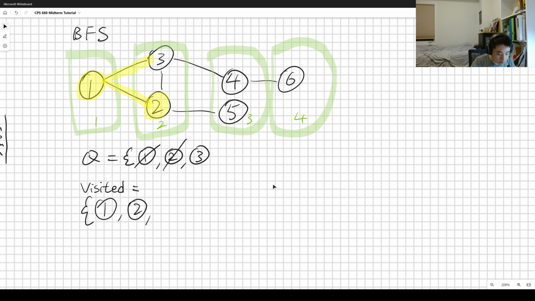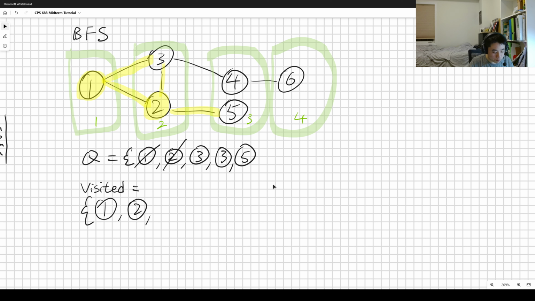And it will also then explore 3 and 5. So I'm gonna add 3 and 5 to the end of the queue. Notice how I added a duplicate into the set. Whenever you find out that this node's already visited, you just don't do anything.